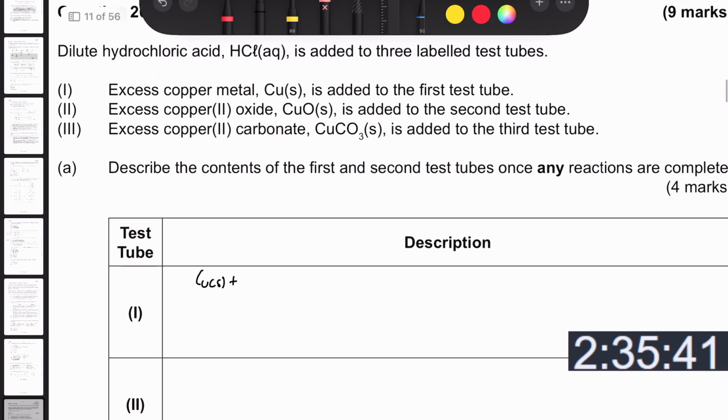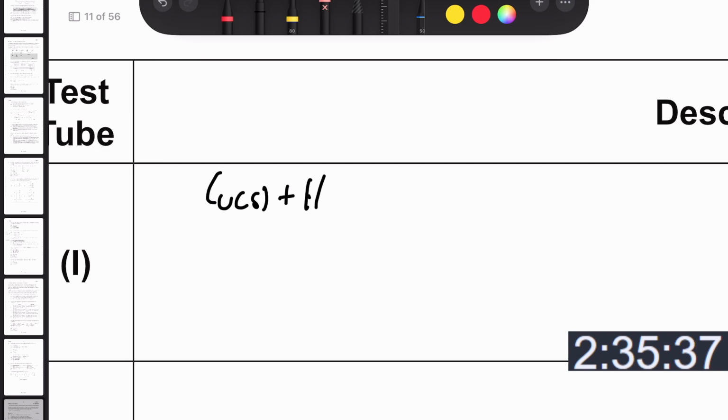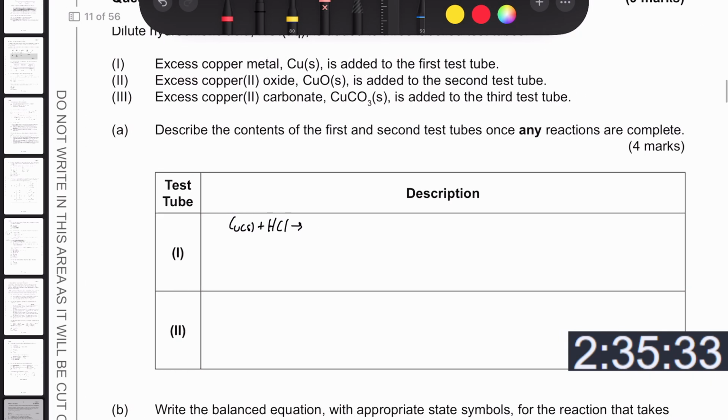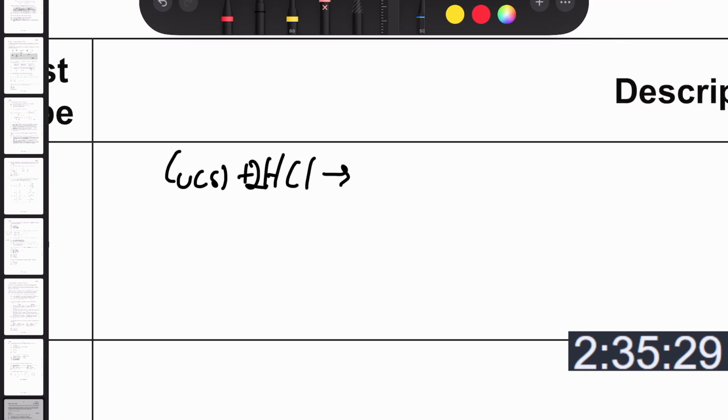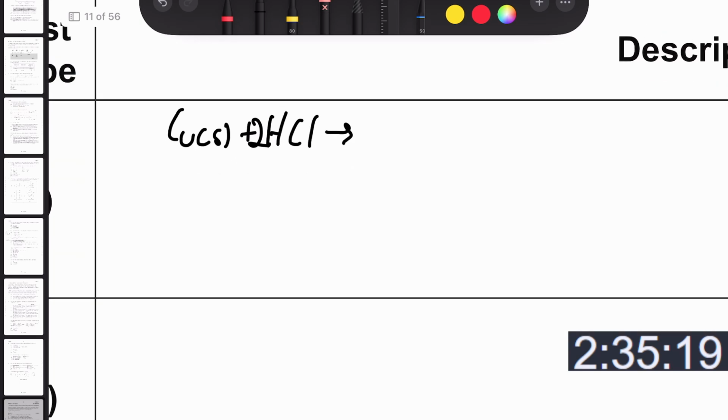Not sure. Copper metal and HCl. So I'm going to produce gas, copper chloride, which is soluble. What's going to make soluble copper chloride? I assume, I'm not sure.